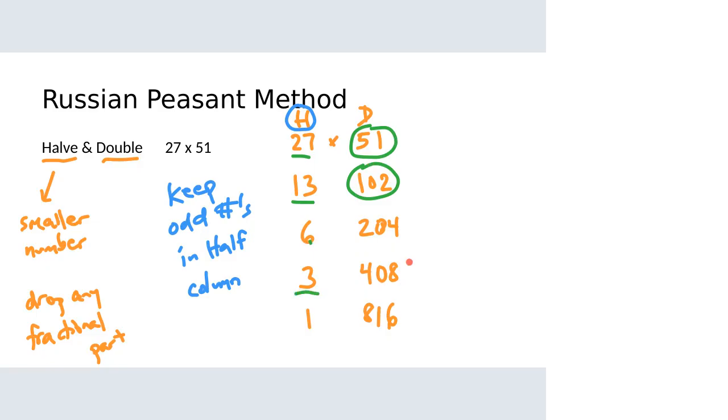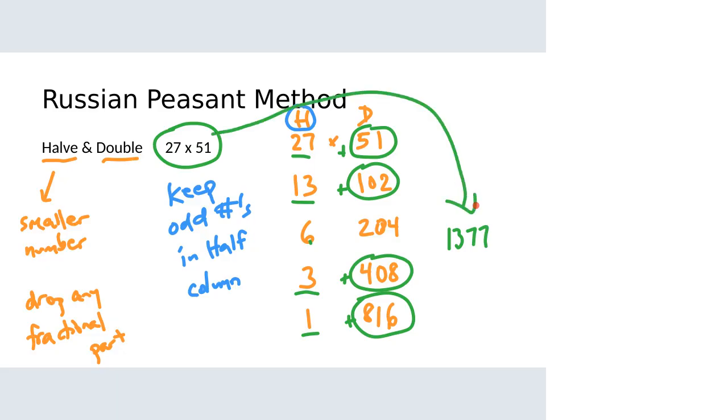That's an odd number, so we're keeping 408. That's an odd number, so we're keeping 816. And now, just like we did with Egyptian duplation, we're going to add all those four together. So we'll wind up with 51 plus 102 plus 408 plus 816 is 1,377. And you could try it. 27 times 51, sure enough, ends up at 1,377.